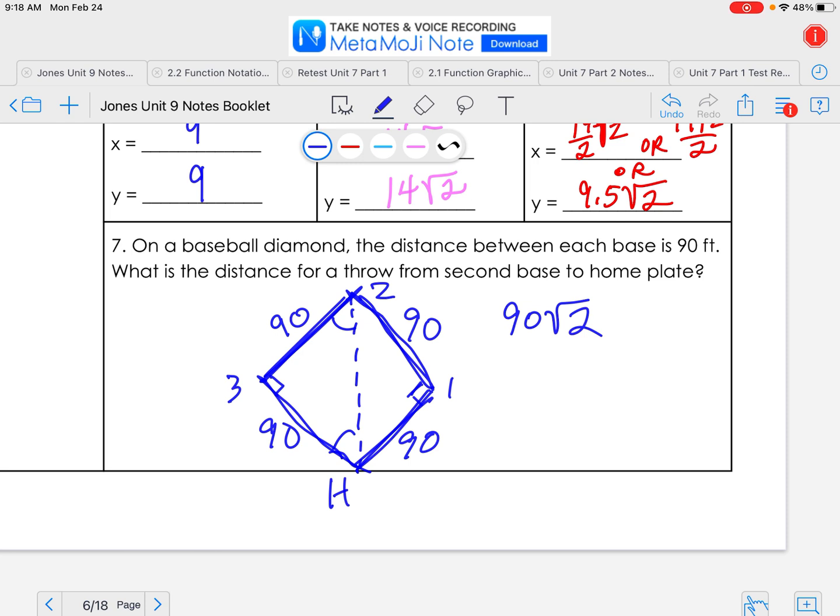So for purposes of a word problem, of telling people something that they can understand, we actually put that in our calculator and turn it into a decimal approximation. So, sorry, let me get my calculator going here. 90 square roots of 2 is about 127.3 feet.